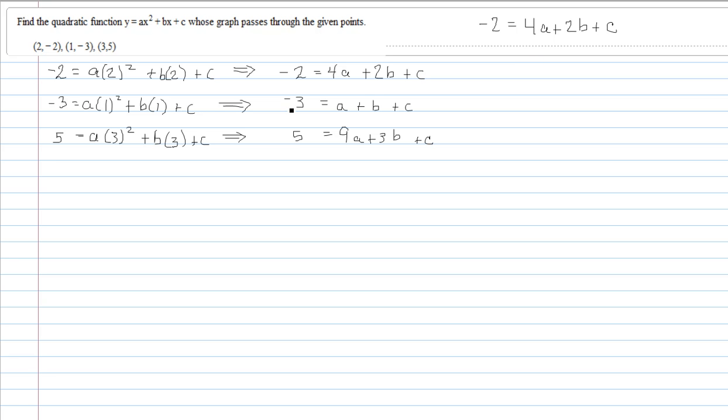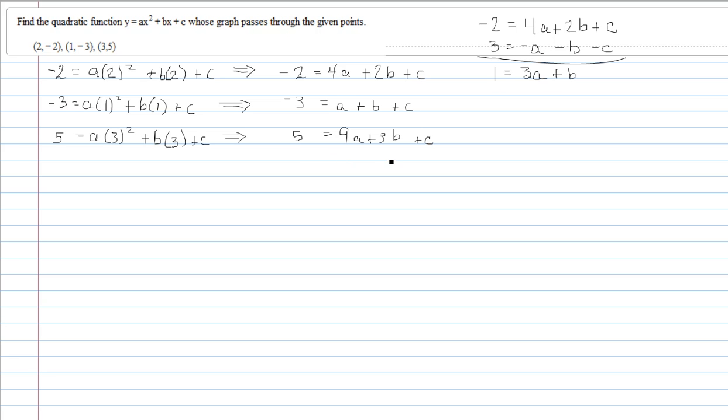And then I'm going to take the second equation all multiplied by -1, so I'll have 3 equals minus a minus b minus c. When I add them together, I get 1 equals 3a plus b. Okay, so there's my first smaller equation I want to work with.